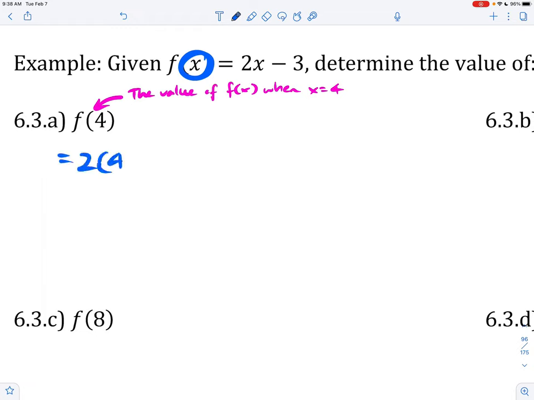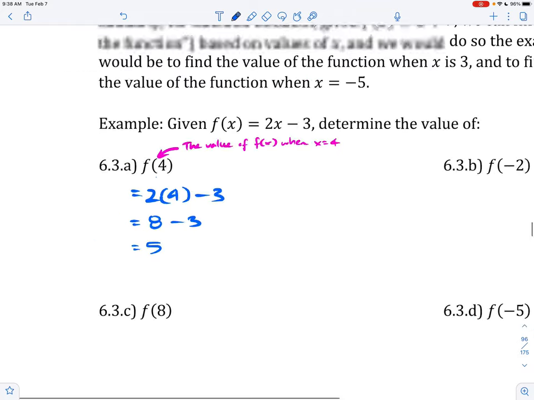So this is 2 times 4 minus 3. It's just like 2x minus 3, but we've replaced all the x's with 4's. From here, it's just evaluating. 2 times 4 is 8, and then 8 minus 3 is 5. So the value of f of x when x is 4 is 5.